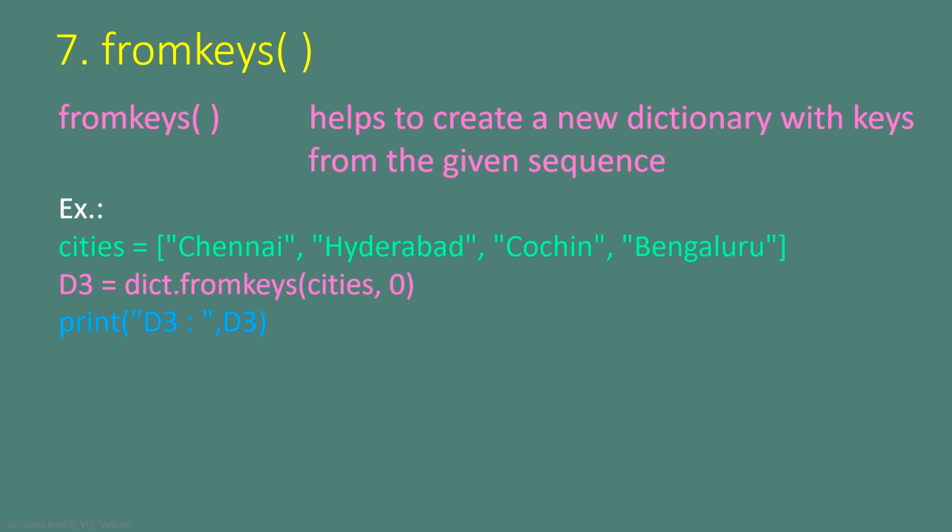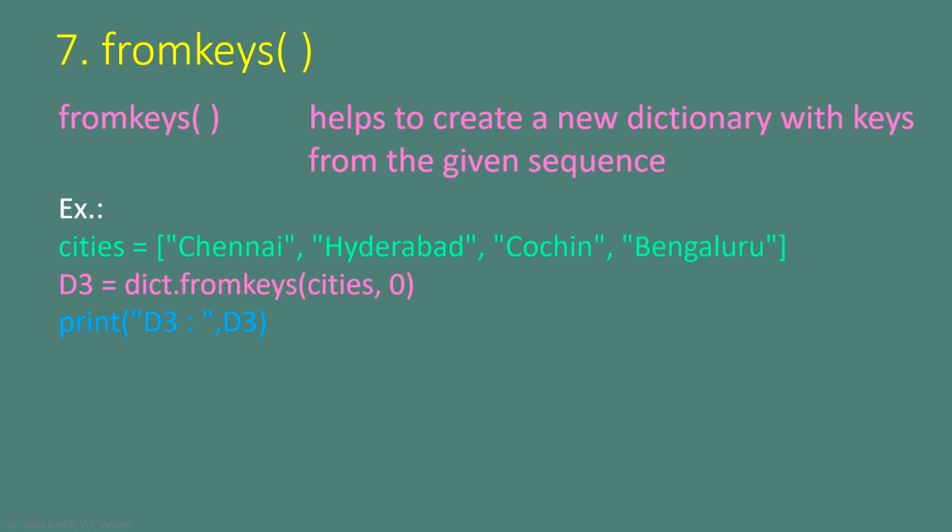But if we want to assign some initial values, we can use the initial value as the second parameter to the method. Here, cities is the list with the keys Chennai, Hyderabad, Cochin and Bangalore. We are creating the same dictionary D3 by using the fromkeys method: dict.fromkeys(cities, 0).